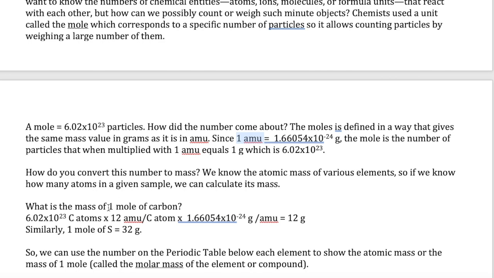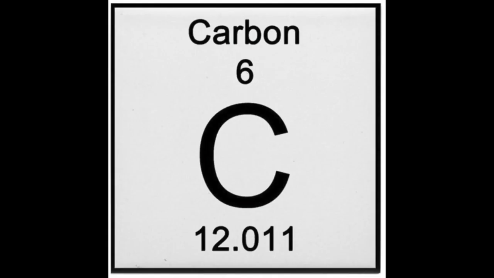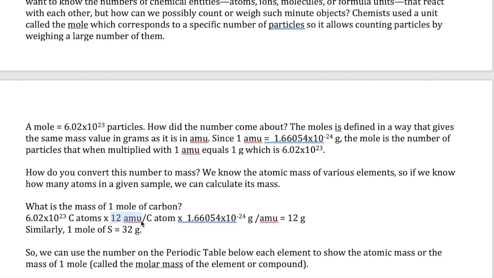Well, what's the mass of just one carbon atom? If you look it up in the periodic table, it's about 12, right? It's 12.01 AMU. That's for one carbon atom. Now, what about 1 mole of carbon atoms? Well, we know that 1 mole has this many carbon atoms, so we would multiply 6.02 times 10 to the 23rd carbon atoms times 12 AMU, which is the mass of one carbon atom. So 12 AMU per one carbon atom.